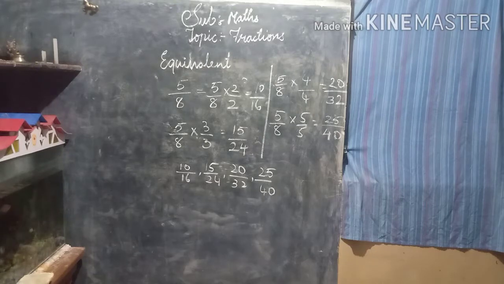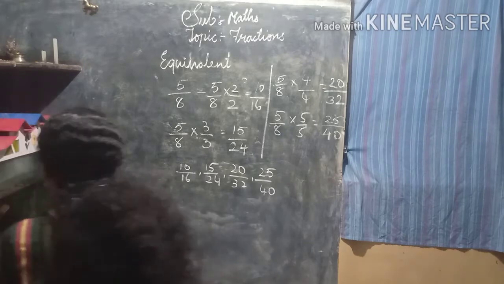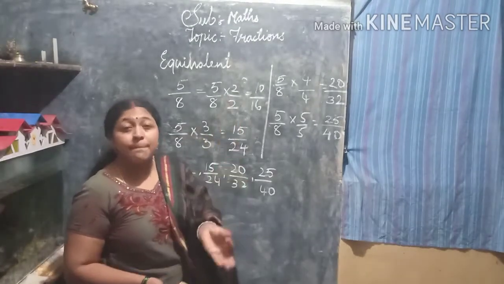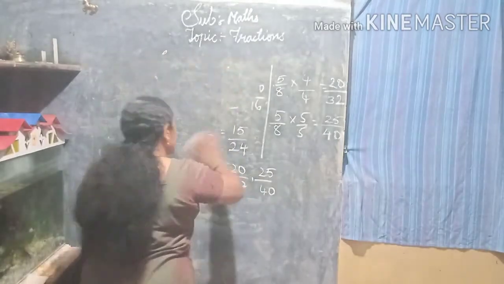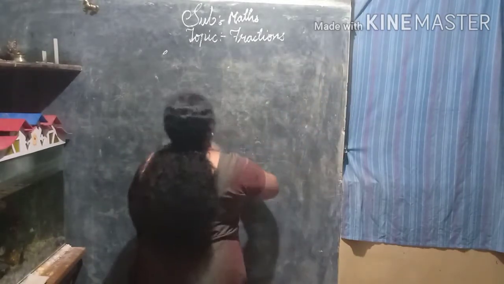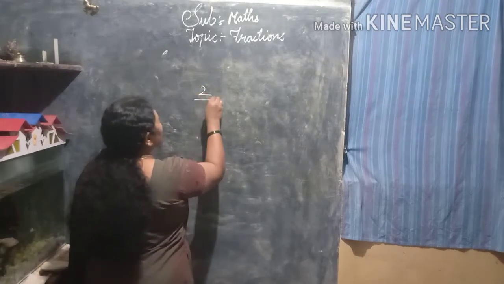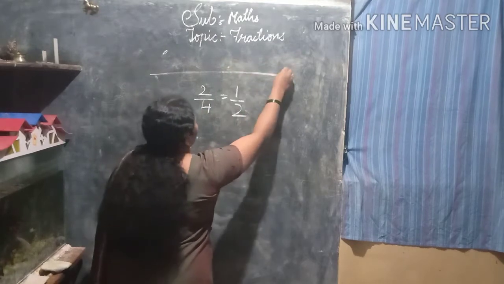Next, we will see how to convert the given fraction into its simplest form. Let us take from the smallest number itself. In the previous sessions we had seen that 2 by 4 is equal to 1 by 2 in the number line. Do you remember?